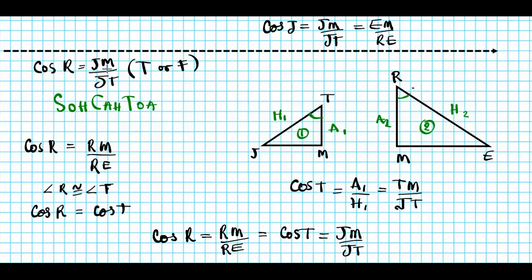So let's look at the option that we have over here. Oh, actually, I already messed it up. It's TM, not JM. Alright, so it's equal to TM over JT. Okay, so is this equal to the statement we have here? Cosine R is equal to JM over JT. Cosine R is TM over JT. So because of that T there and the J, guess what? Option 2 is incorrect. Okay, so let's move on to the next option.